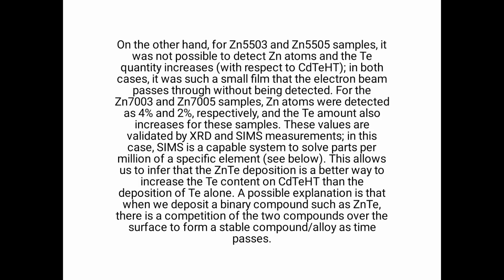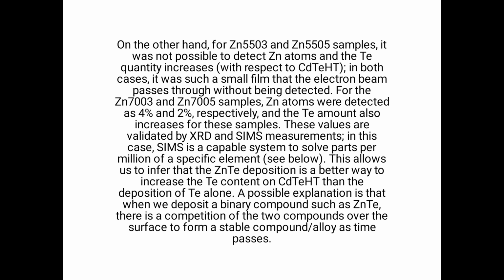On the other hand, for ZnTe samples 5503 and 5505, it was not possible to detect Zn atoms and the Te quantity increases with respect to CdTe. In both cases, it was such a thin film that the electron beam passes through without being detected.